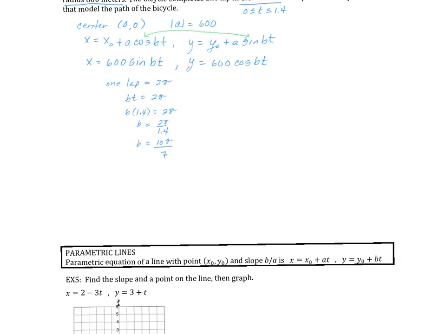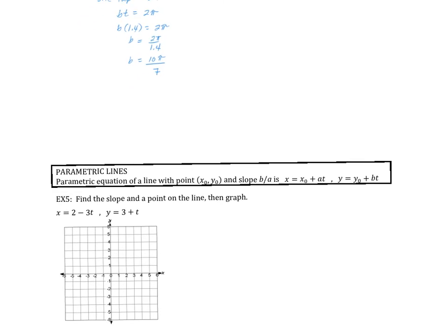So one way that I could write this is x equal to 600 sine of 10 pi over 7 t, y equals 600 cosine of 10 pi over 7 t, with t values from 0 to 1.4.